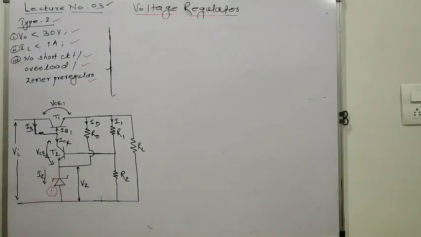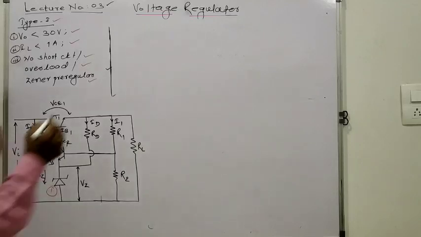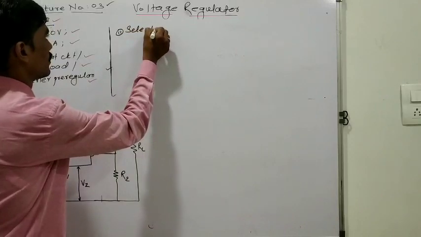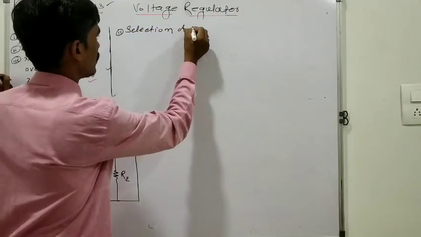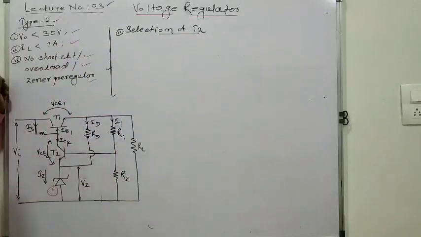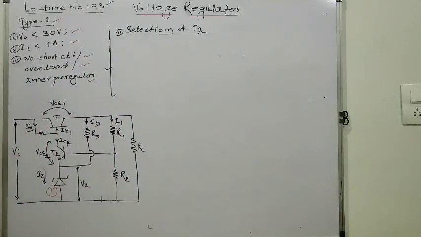The second point is selection of transistor T2. For selection of transistor T2, we know the value of voltage across the collector to emitter as well as the current flowing through this transistor. And the next part is, what is the power rating of that transistor.